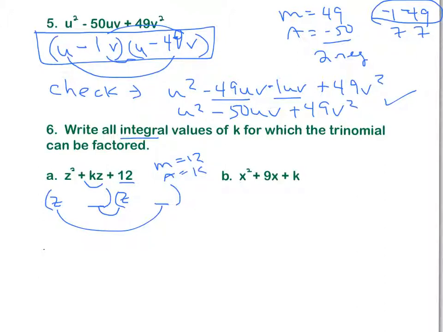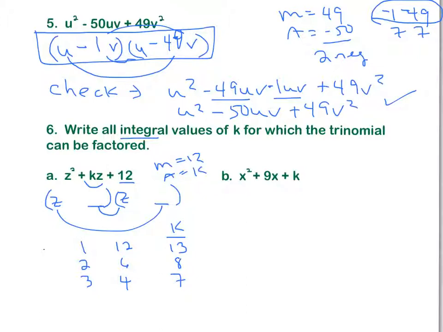What are possible values of k? Well, what are my factors of 12? I have 1 and 12, 2 and 6, 3 and 4. So what could I get for values of k? Well, if I add 1 and 12, my k could be 13, it could be 8, it could be 7.